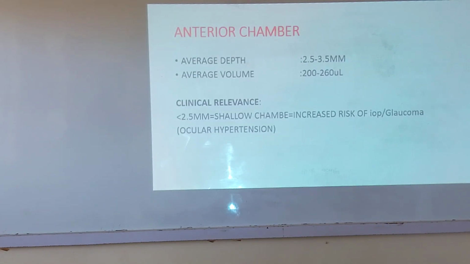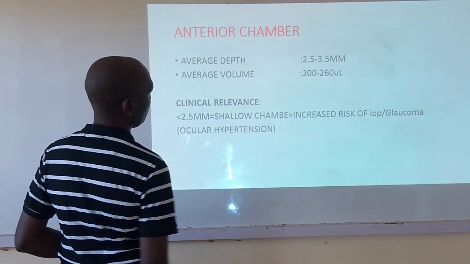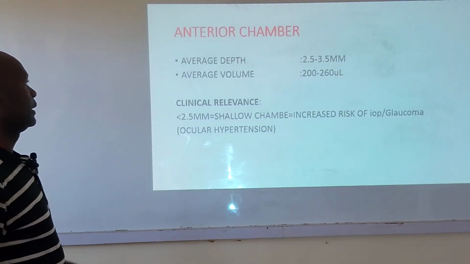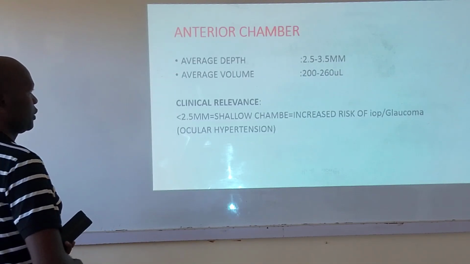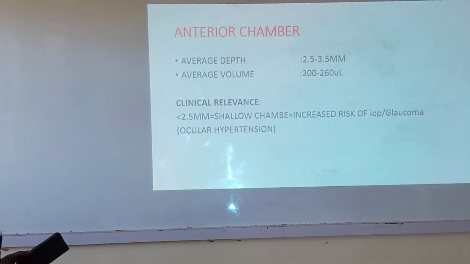This is the average depth of the anterior chamber we had also talked about. The normal is 2.5 to 3.5 millimeters. The average volume of the anterior chamber is about 260 microliters.